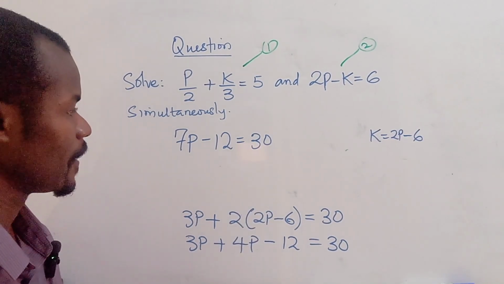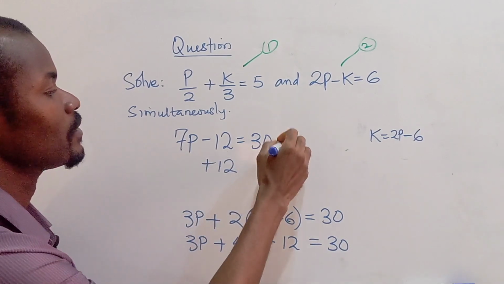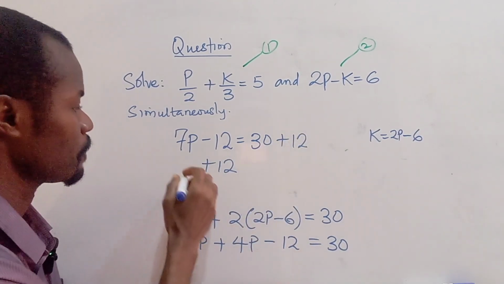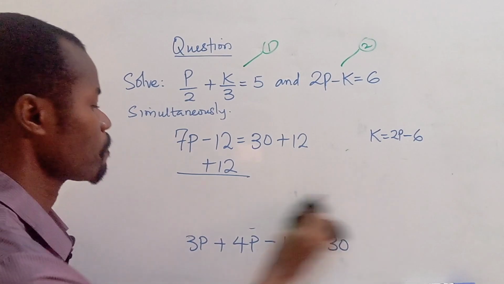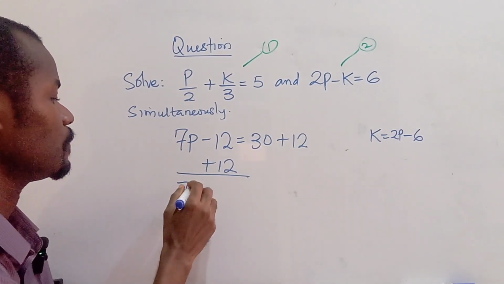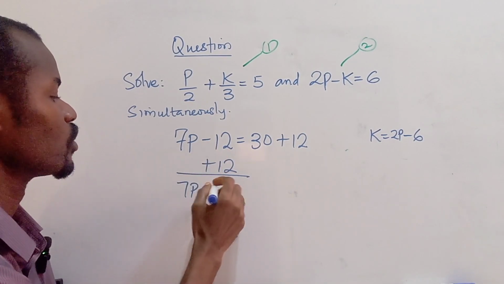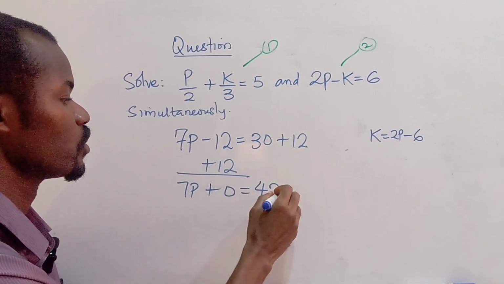I want to simply add 12 here and also add 12 here. Let's see what that gives us. From the left hand side, we have 7P, minus 12 plus 12 is 0, equals 30 plus 12, which gives us 42.